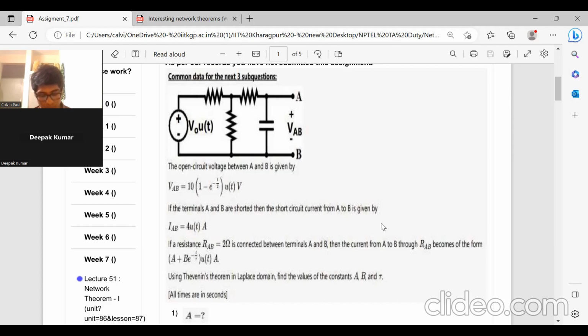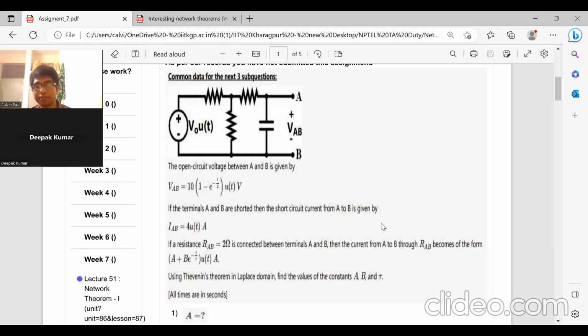First of all, we take this voltage source. But there is only one source, right? So we do not need to short anything.